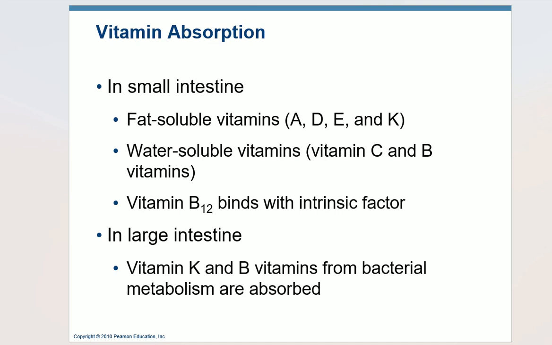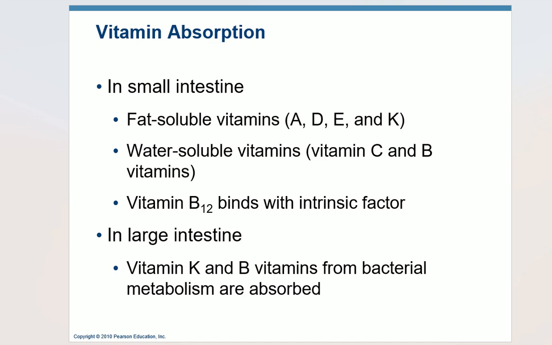Vitamin absorption, if asked, which are fat soluble versus water soluble, be able to differentiate. So these next 3 slides are really prepping you for the nutrition chapter, but we're going to touch on them just quickly in terms of how they affect digestion. So the whole point of this is you got to absorb your vitamins.